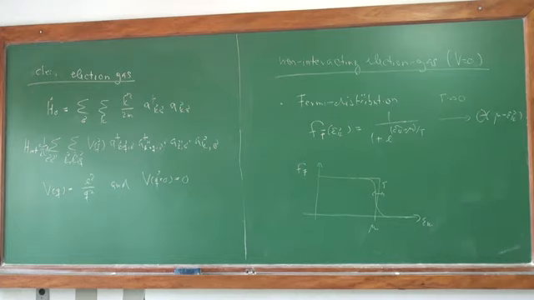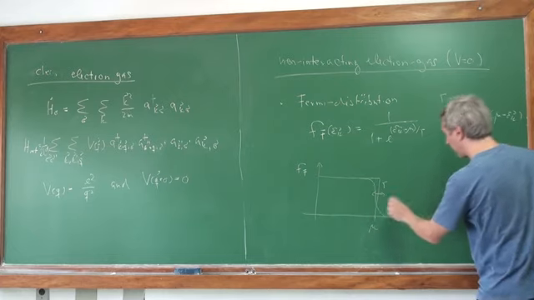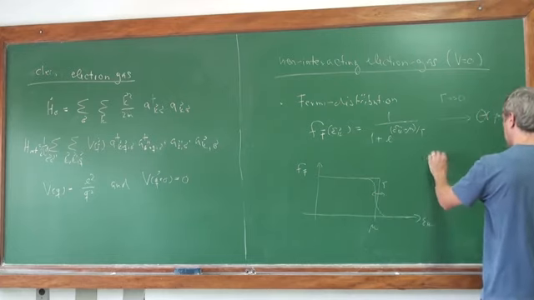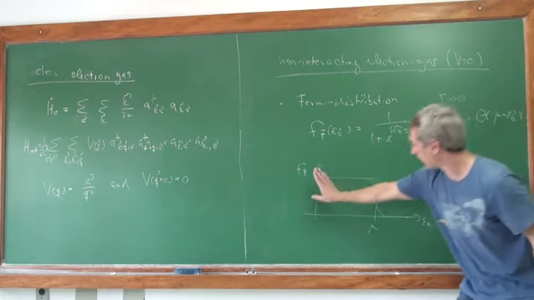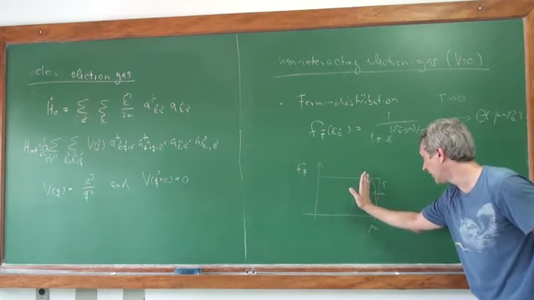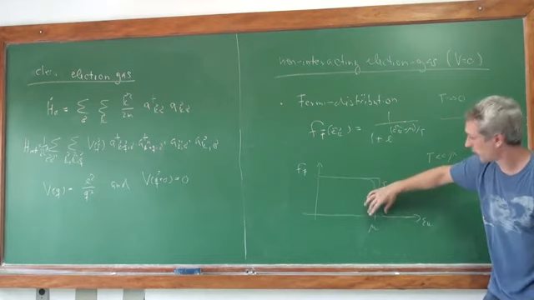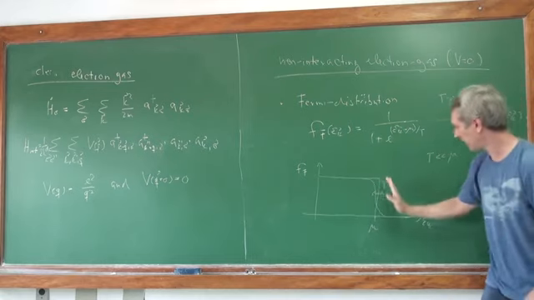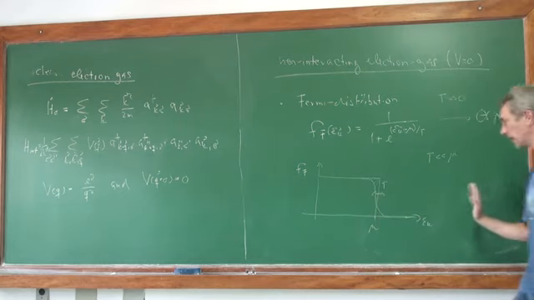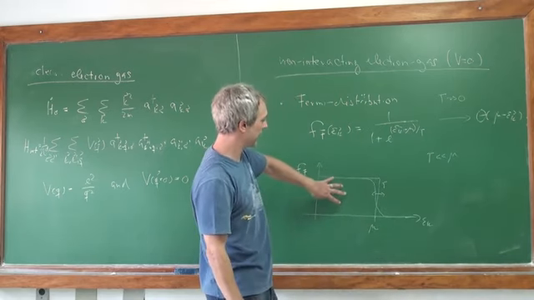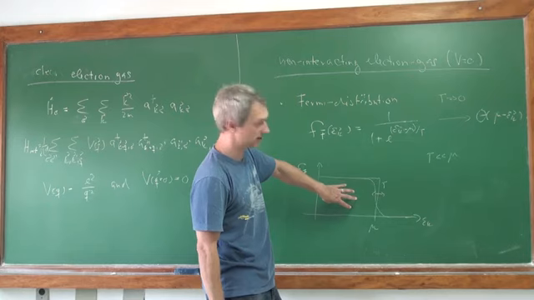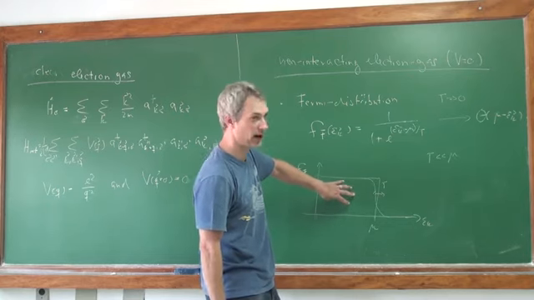This will be the starting point, and typically what we are interested in is situations where the temperature is much smaller than the chemical potential. You can think of all states being filled up here, then a small region where you have a softening of the step function, and then nothing is occupied again. In this regime, the states filled at energies much smaller than the chemical potential are kind of inert.